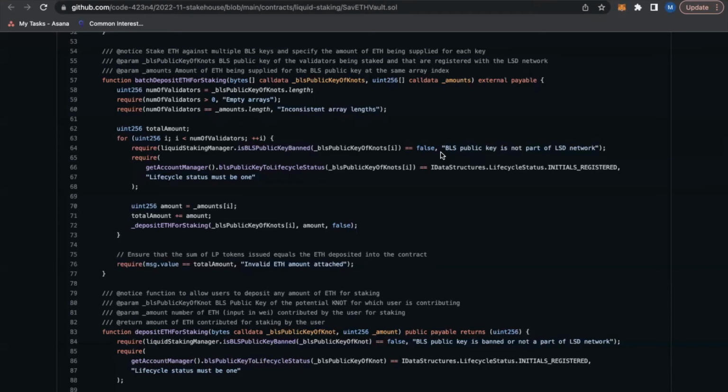But there are a few conditions. For example, if you were a node runner and you were in an emergency and wanted those 4 ethers from a BLS public key which you had earlier deposited, you will be able to get back your 4 ethers. Your BLS public key will be banned, but only when your BLS public key hasn't been used to stake.